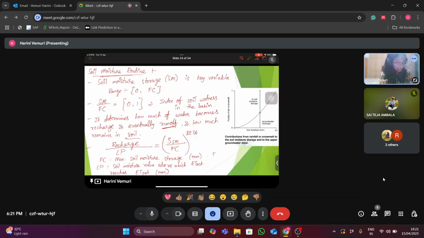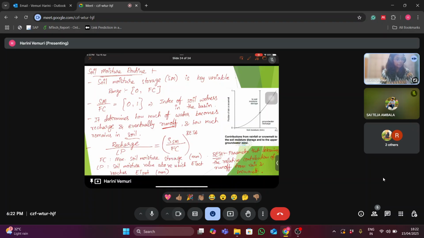And here beta is the parameter that determines the relative contribution of runoff from rain and snowmelt.